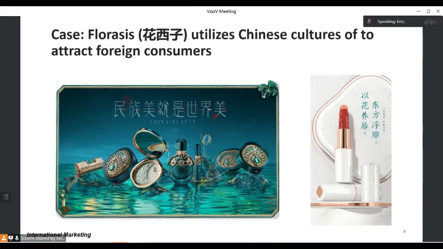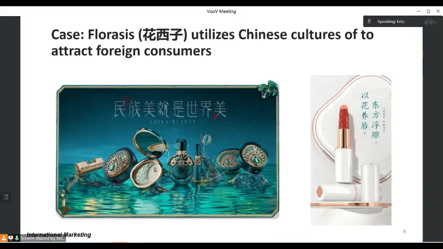So it's just for marketers. We have this application significance. We should know about culture and subculture.